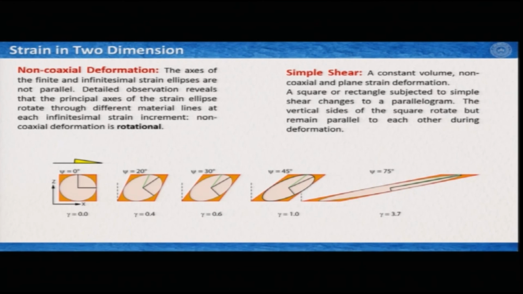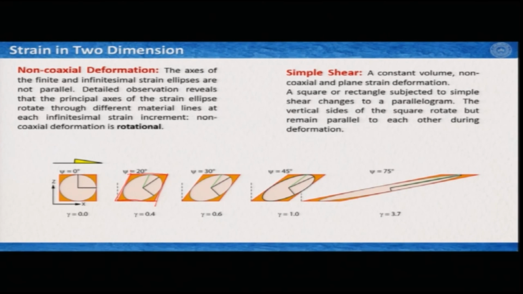What we see here in this illustration is a square or rectangle subjected to simple shear changing to a parallelogram. As you can see here, this is the square and it changes its shape to a parallelogram. The vertical sides of the square rotate but remain parallel to each other during deformation, and therefore it is a homogeneous deformation.